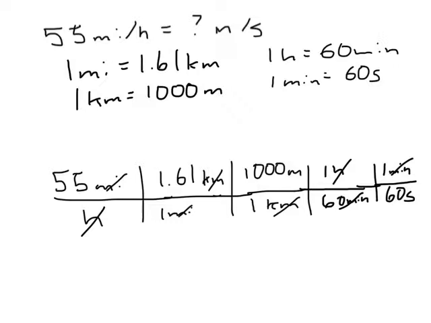So now I'm good to calculate. I want to enter 55 times 1.61 times 1,000, hit enter, divided by 60, hit enter, and my final answer is going to be 24.6 meters per second.